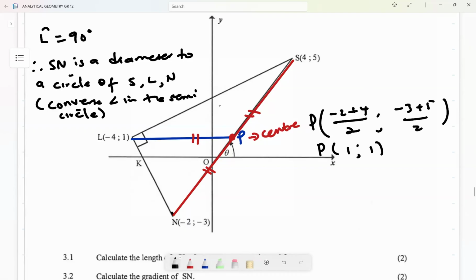Or you can say equidistance NP, let P become any coordinates X and Y. So you can say NP is equal to PN. And then if you do that, you'll see the distance of NP is going to be, okay, just do this.